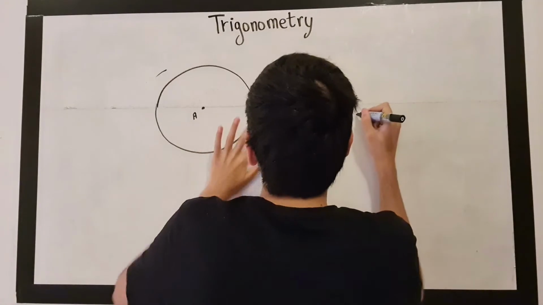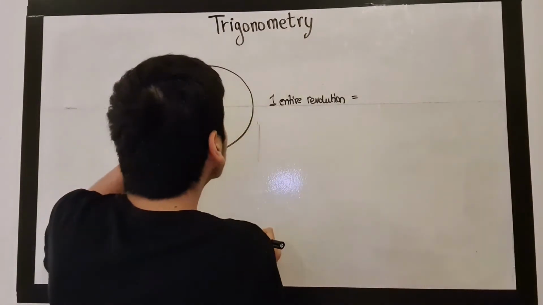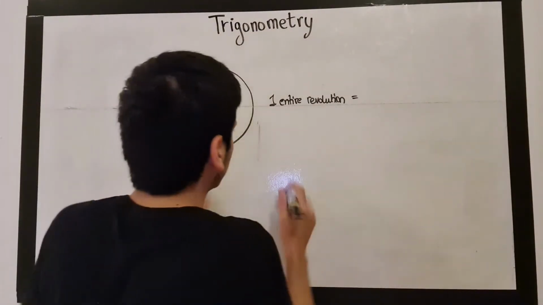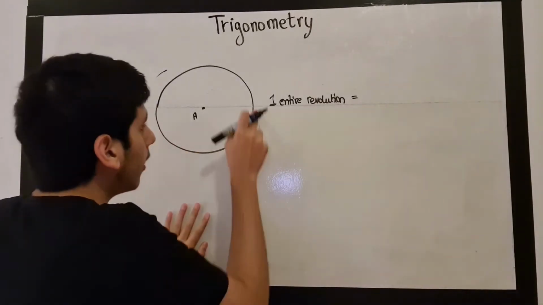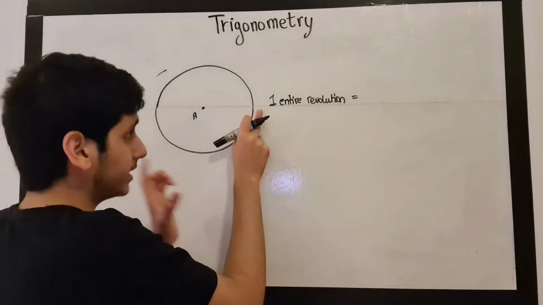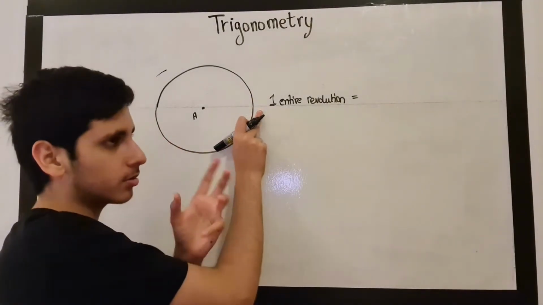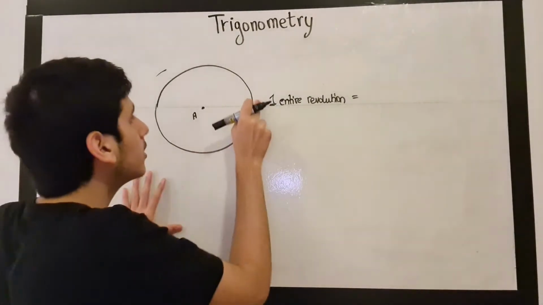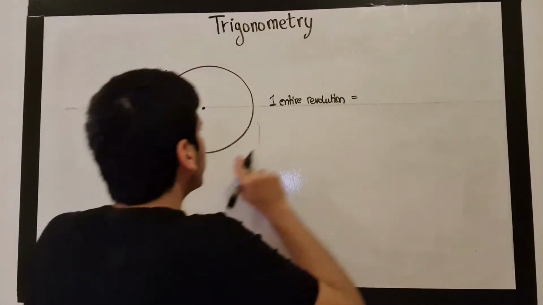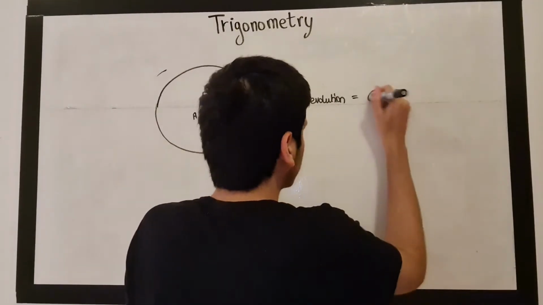One entire revolution from the center A corresponds, on the circumference, to the entire circumference, right?